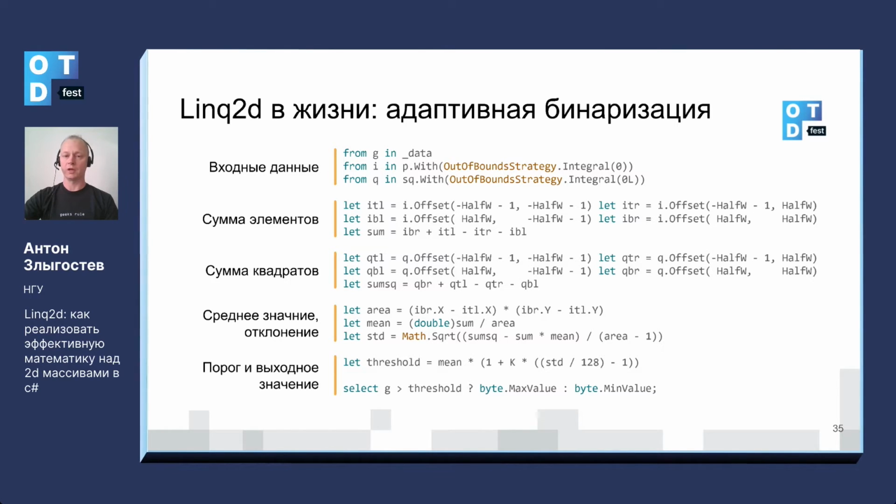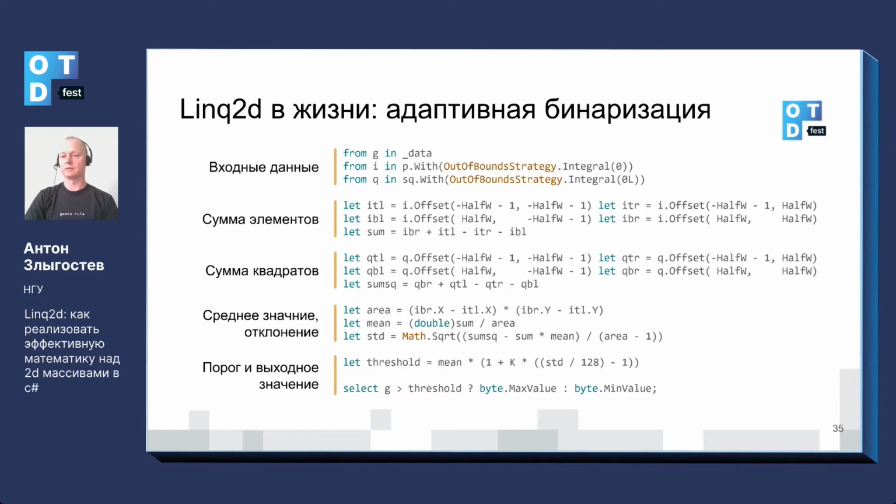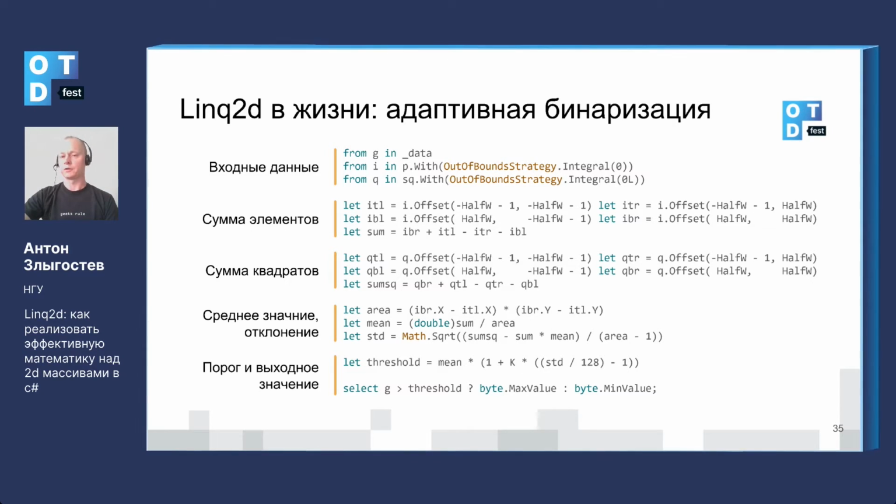And to apply this strategy, we calculate the window. So we have 4 variables for elements. Each and every one is moved with an offset, like half a window to the right. So half W is half of the window size.